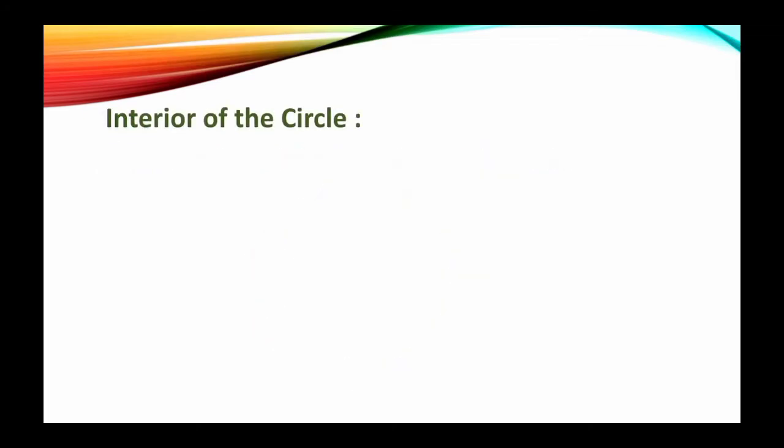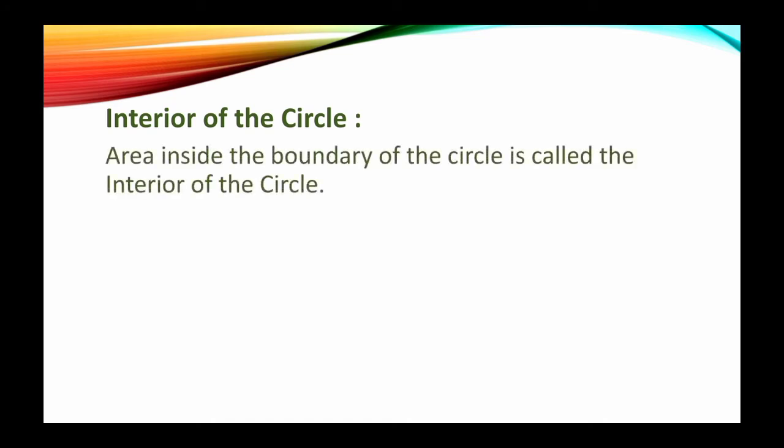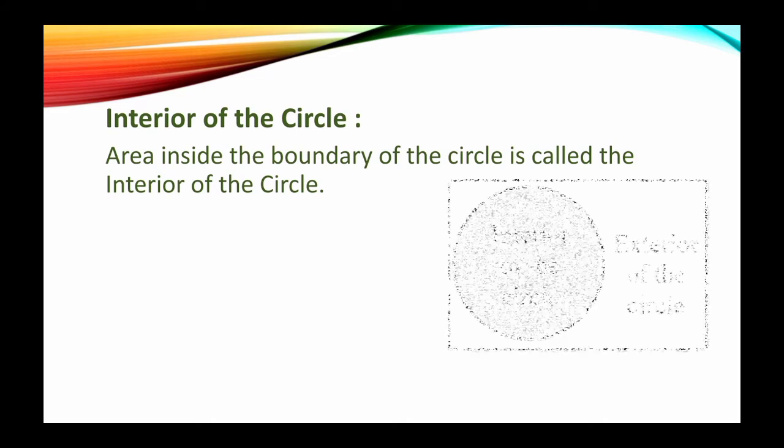Next come to the interior of the circle. As we have already discussed interior, exterior and boundary for curves, polygons, triangles and quadrilaterals, here we will discuss them for the circle. The area inside the boundary of the circle is called the interior of the circle.